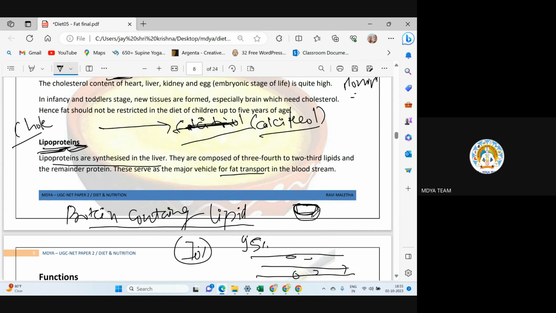So whether triglyceride, phospholipid, or cholesterol, all these fat molecules will be joined with this lipoprotein in order to transport them throughout the body. So this is main function of lipoprotein.